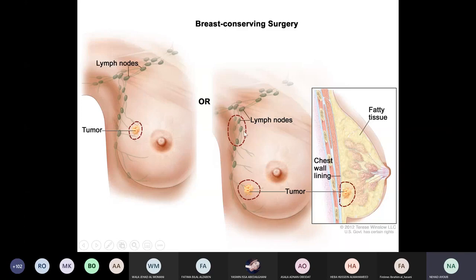Because keep in mind there will be a scar here, and we have many complications. Even lymph node drainage here can sometimes cause complications in some patients. So how should we know, without dissecting, without doing axillary lymph node dissection, whether there is lymph node involvement or not?